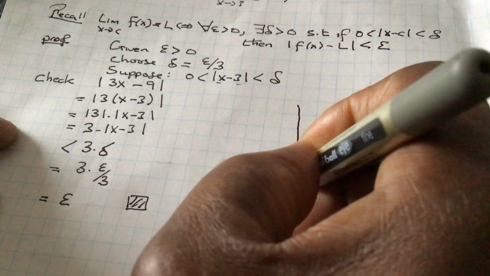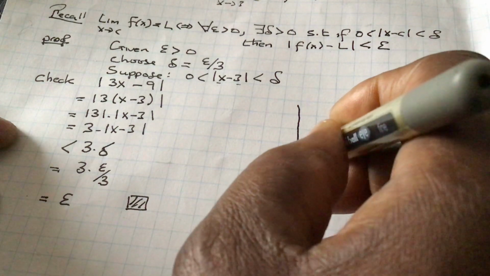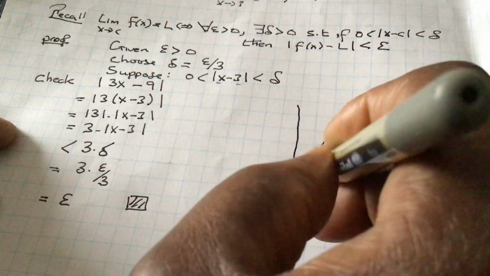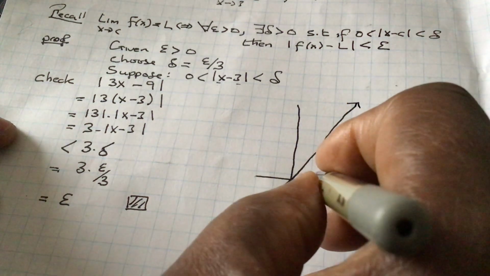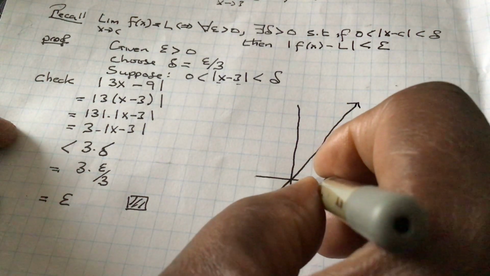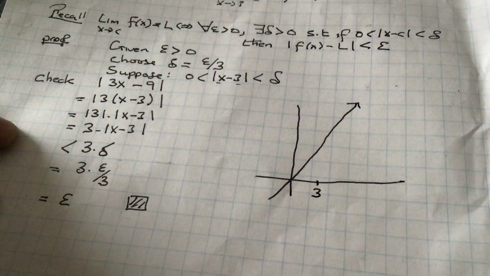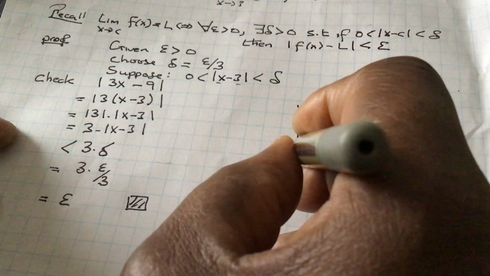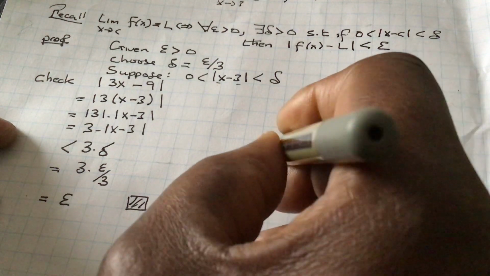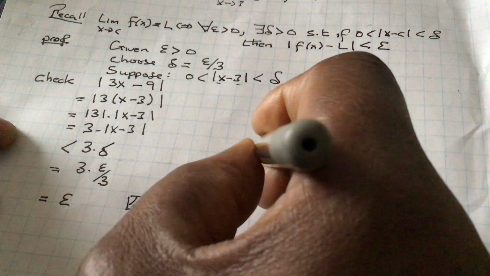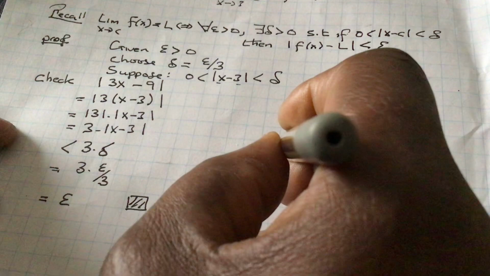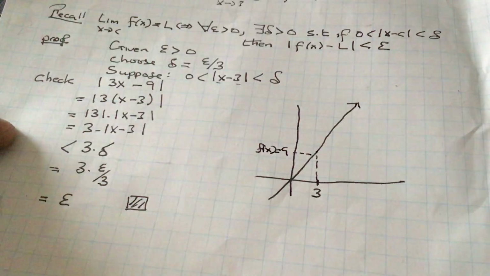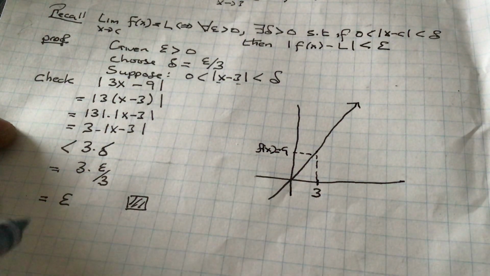It passes through the origin, like so. And this is our point somewhere on the x-axis. That's our limit point. And at that point, we get an output f of x equals 9. If we plug 3 into this function, we get this output 9.